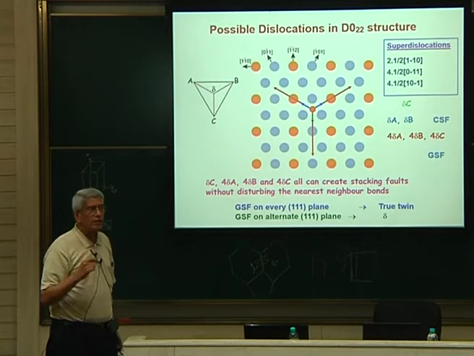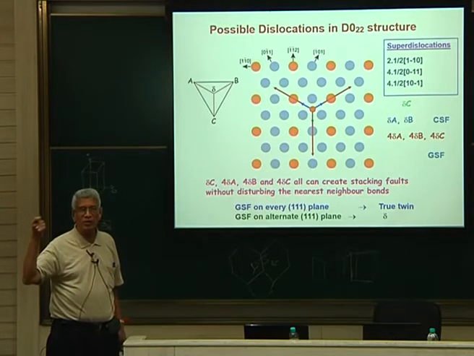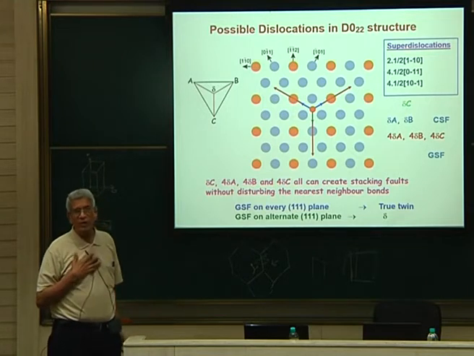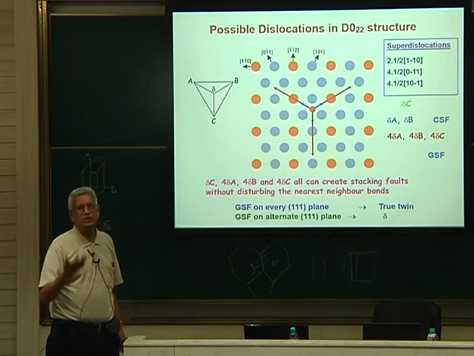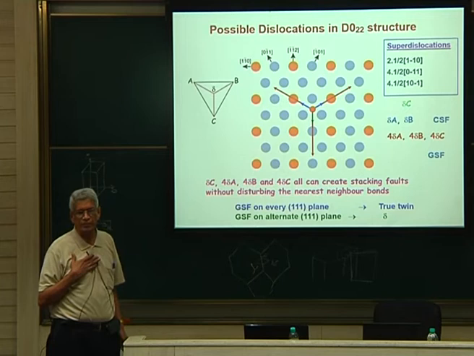But for dislocations of this type, how does the self energy go? It is 4 b squared. That means that the self energy will increase. These types of dislocations are normally called super dislocations.